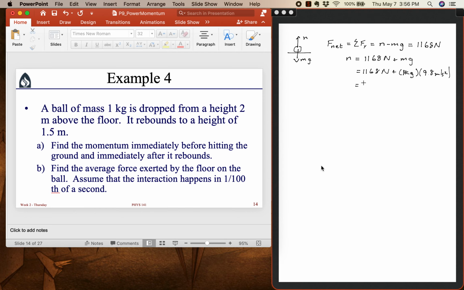That will give us a total normal force of 1,178 newtons, and that is the force of the floor on the ball, and the answer to part B.